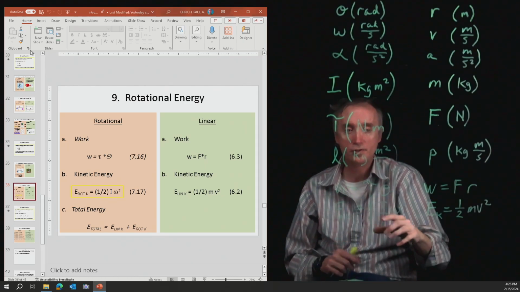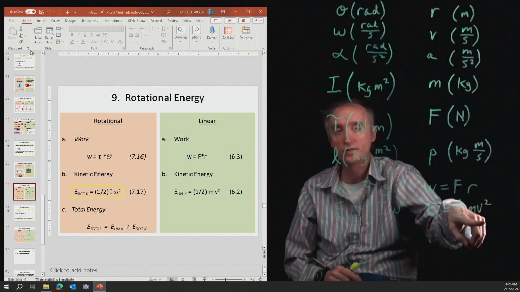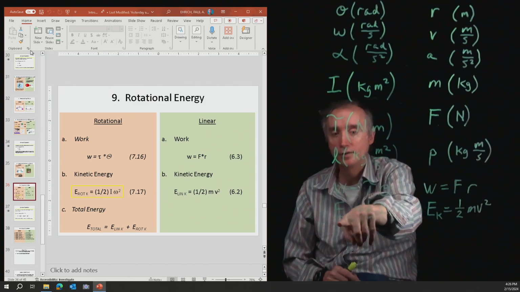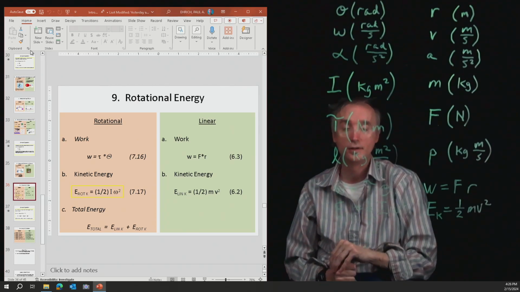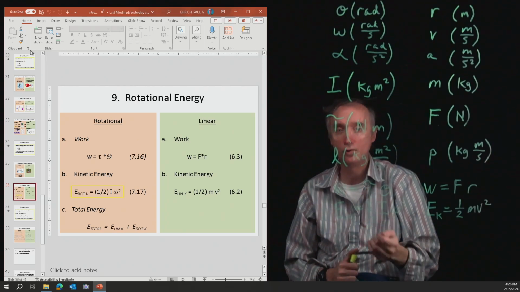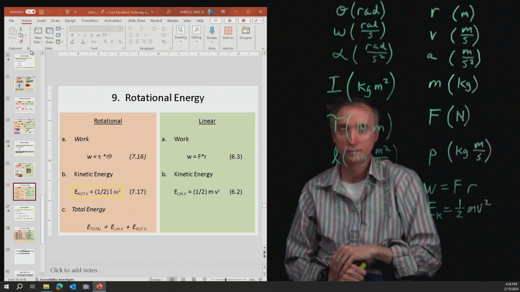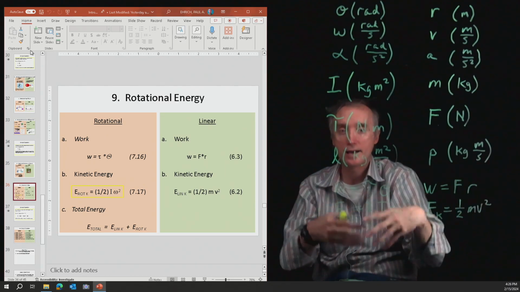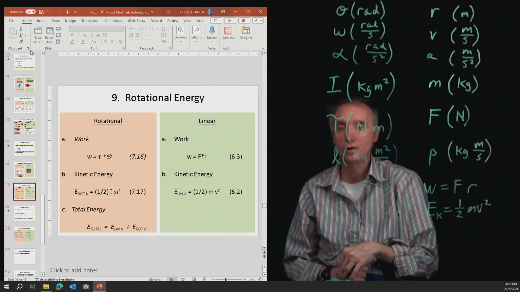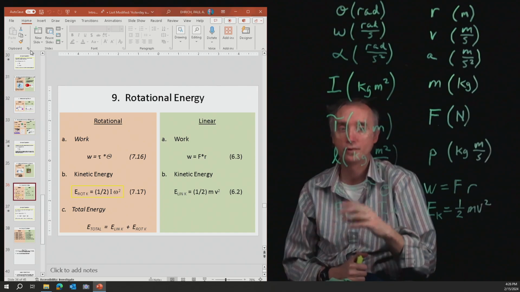So in addition to having energy because it's moving sideways, it's got energy because it's spinning. And so we can calculate this and find out what its total energy would be. So you would take these two numbers, whatever they are, add them together, and then that would be the total energy of the bowling ball.